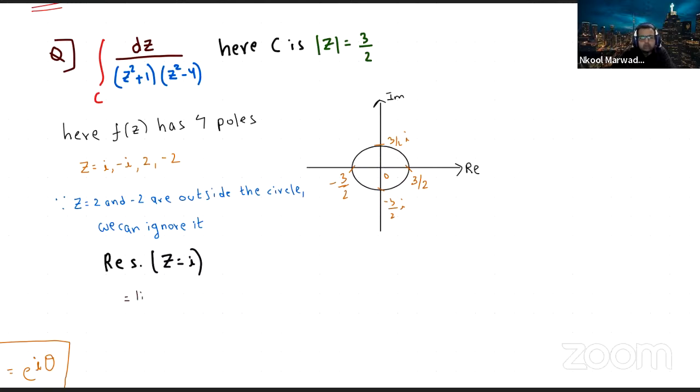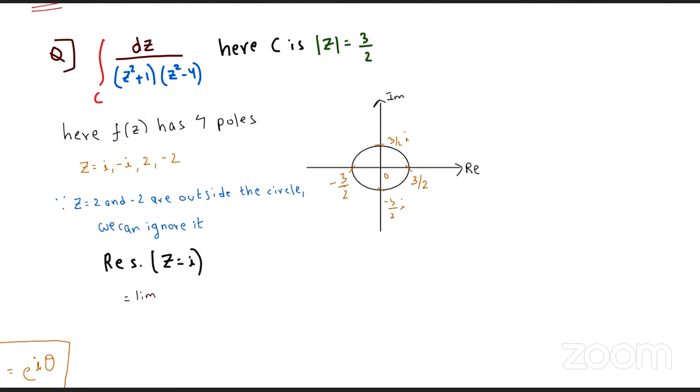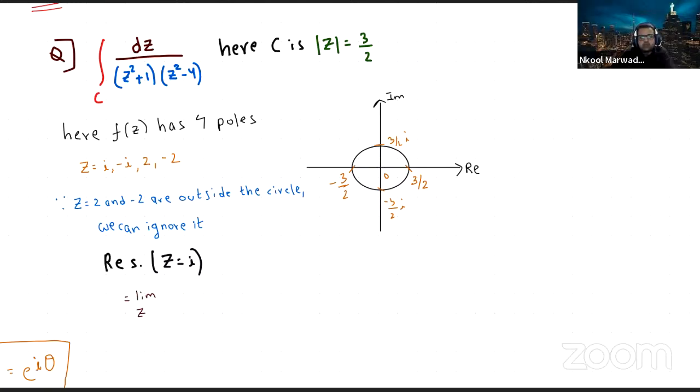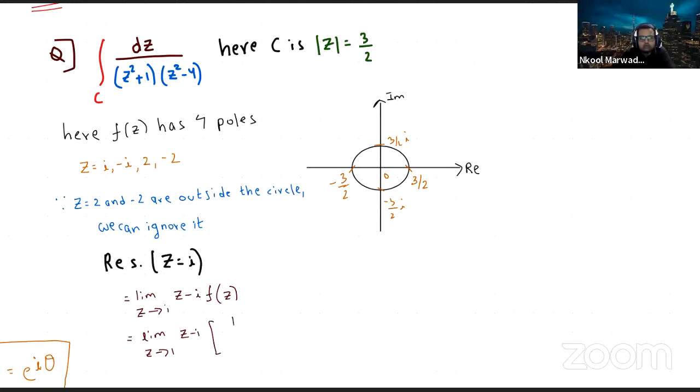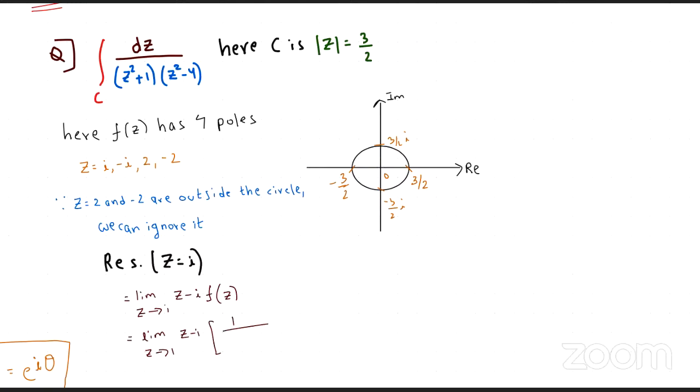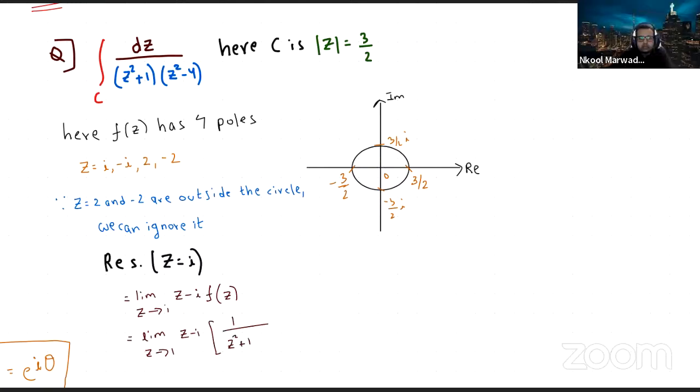Limit z tends to i, z minus i, f of z. Will the function become 0 here? No, because z minus i will cancel when we put i in place of z.